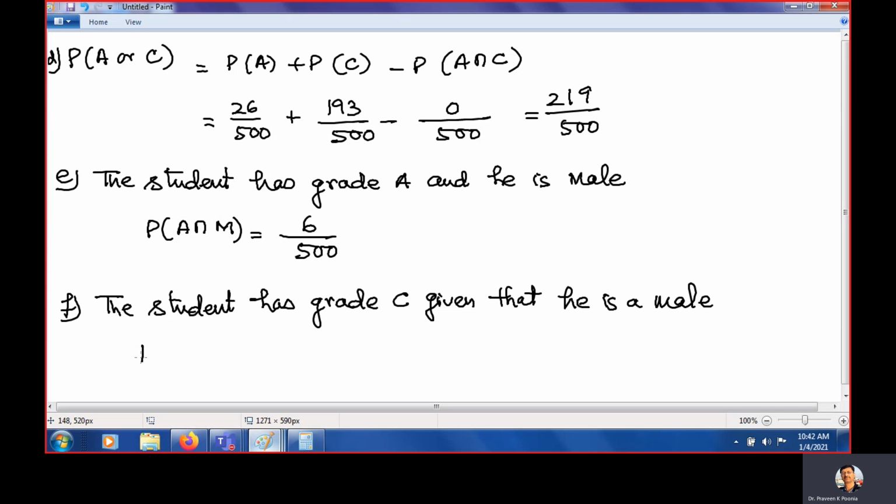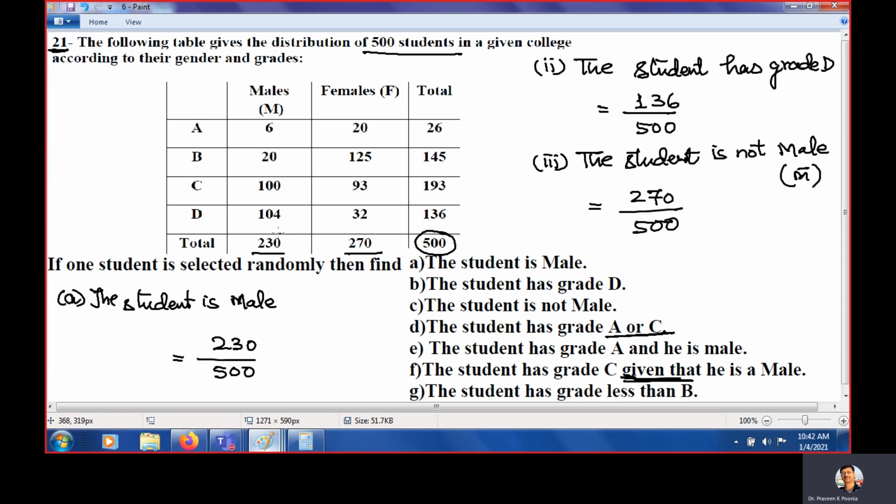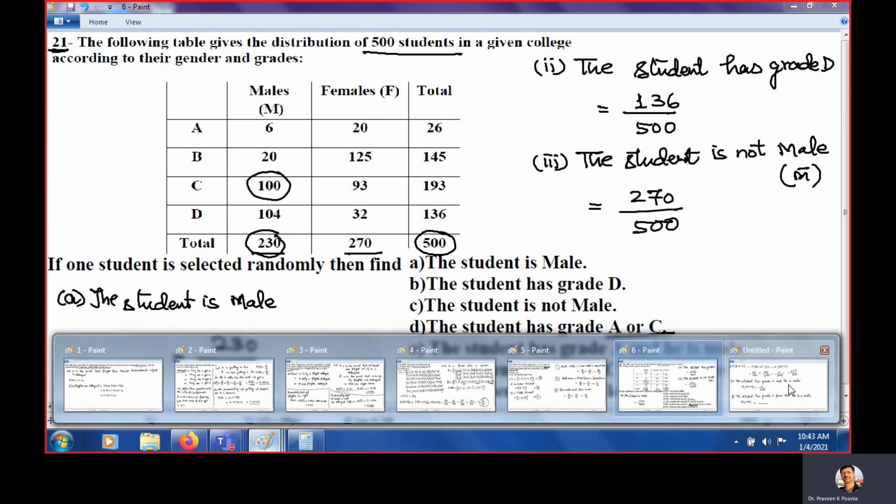And if this is the condition, what probability we need to find? Got the grade C, given that the male. So now total male will come down, given that male and C. Male and C means male will come down to 230 and how many C? 100. So it is 100 upon 230.